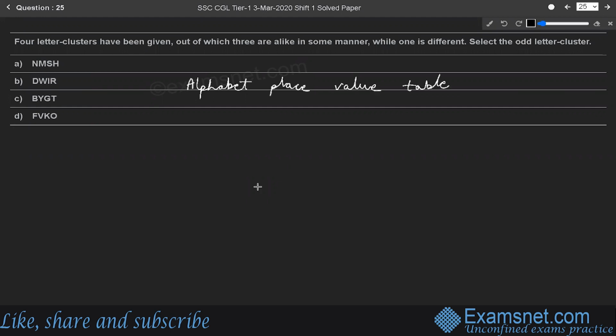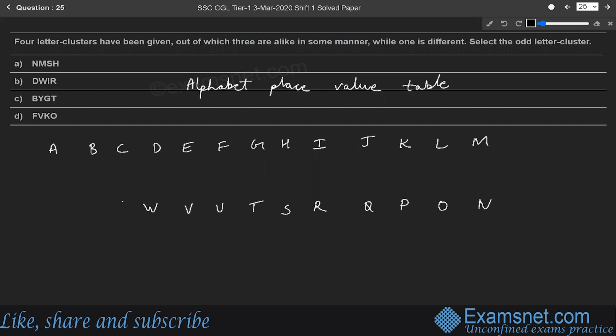So let us write it first. Writing all the alphabets: A, B, C, D, E, F, G, H, I, J, K, L, and M. N, O, P, Q, R, S, T, U, V, W, X, Y, and Z. Now writing their positional value in the alphabetical order.